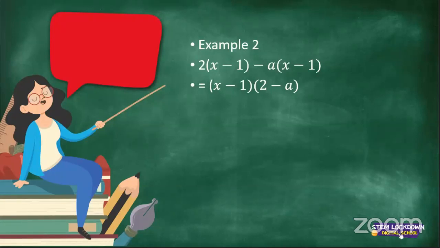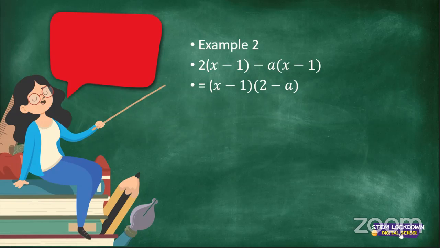That will be your final answer there. So in other words, once factorized, you have x minus 1, open bracket, 2 minus a. That will be example 2 of factorization. And I hope that I've managed to explain it thoroughly.